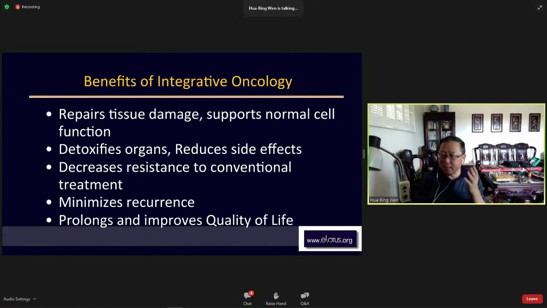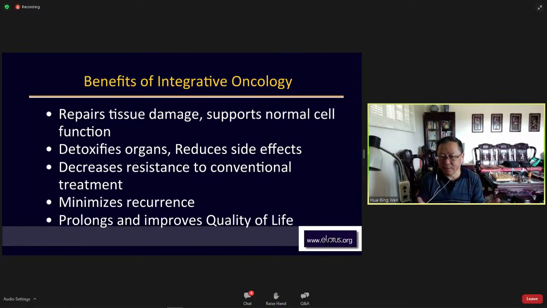And 2 years after, they still have that. Yeah. They still have the chemo brain. So that means those residues from the chemotherapy can last way longer in the system. And so we try to minimize recurrence.